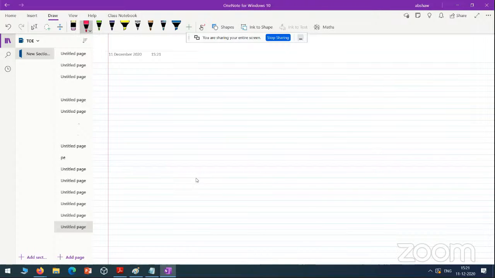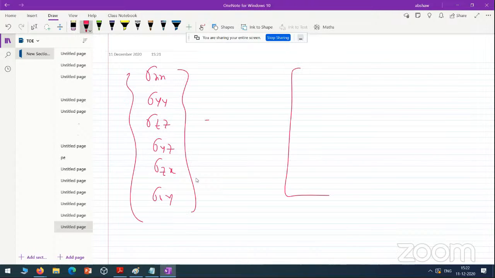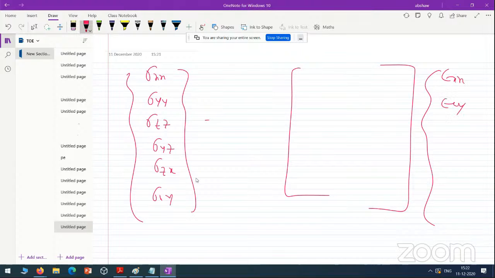If you write it, you have sigma xx, sigma yy, sigma zz, sigma yz, sigma zx, and sigma xy, and similarly the strain components epsilon xx, epsilon yy, epsilon zz, epsilon yz, epsilon zx, and finally epsilon xy.